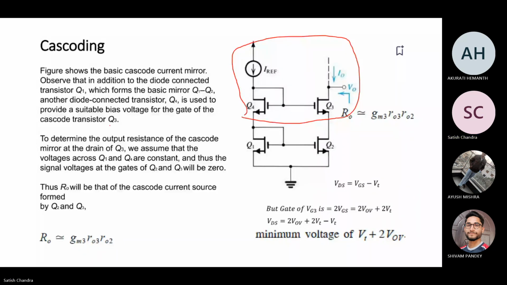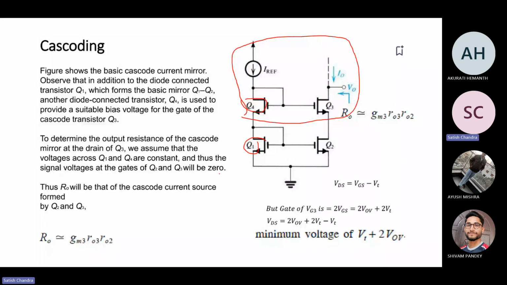So to determine the output resistance of the cascode mirror at the drain of Q3, we assume that the voltage across Q1 and Q4 is constant, that is nothing but across this one and this one. We assume that they have the same value. Thus, the signal voltage at the gate of Q2 and Q3 is 0.